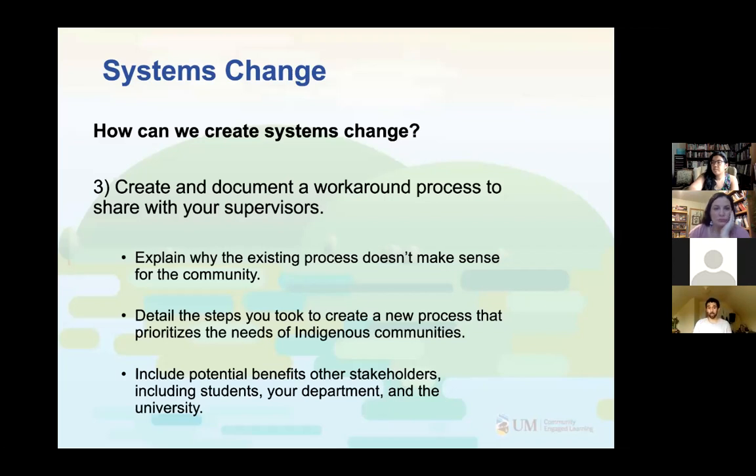Detail the steps that I took to create this new process to prioritize the needs of the community, and then include any potential benefits for other stakeholders, including students, or other departments in the university in general. So we want to document and gather as much information as possible as to why the old system doesn't work and why this one would work better for everyone.